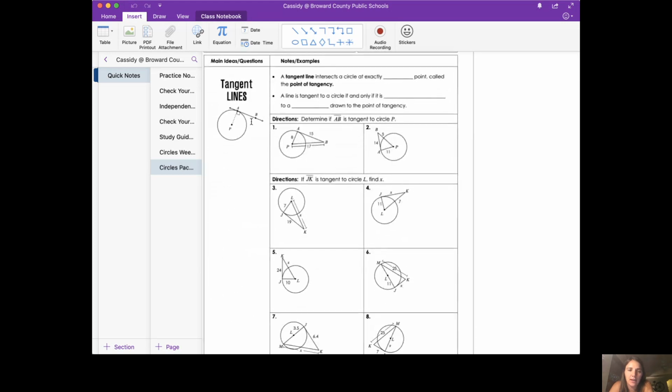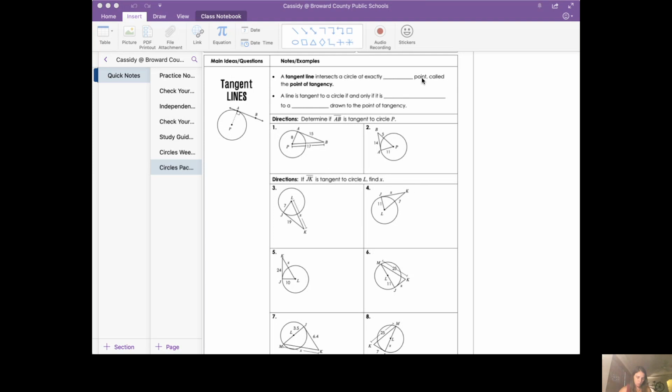Alrighty, tangent lines. Okay, so for tangent lines, this is page 4. We are starting with a tangent line. So a tangent line intersects a circle at exactly 1 point.